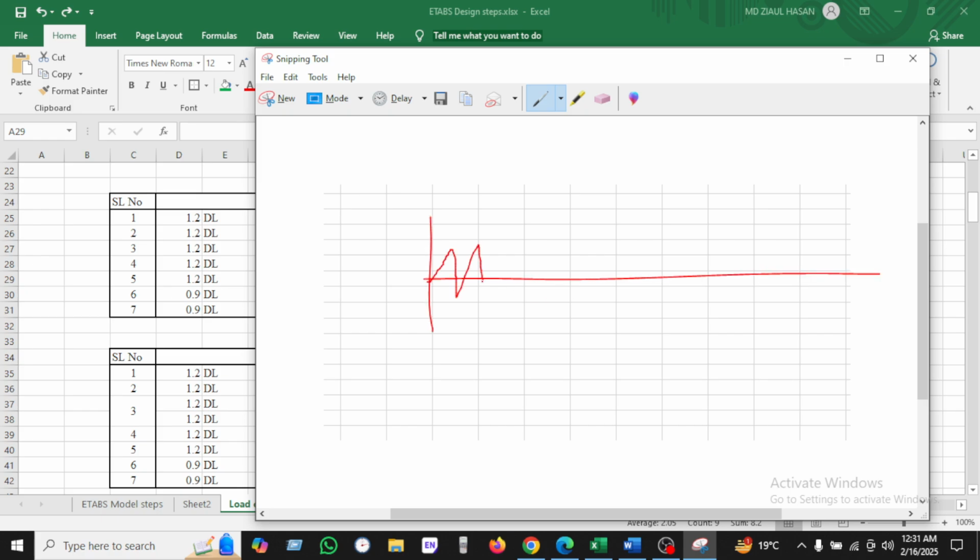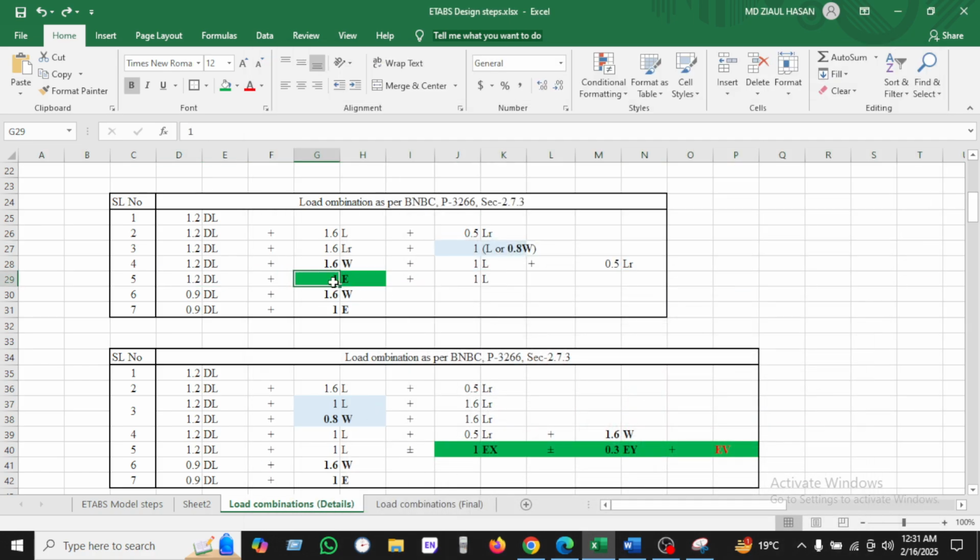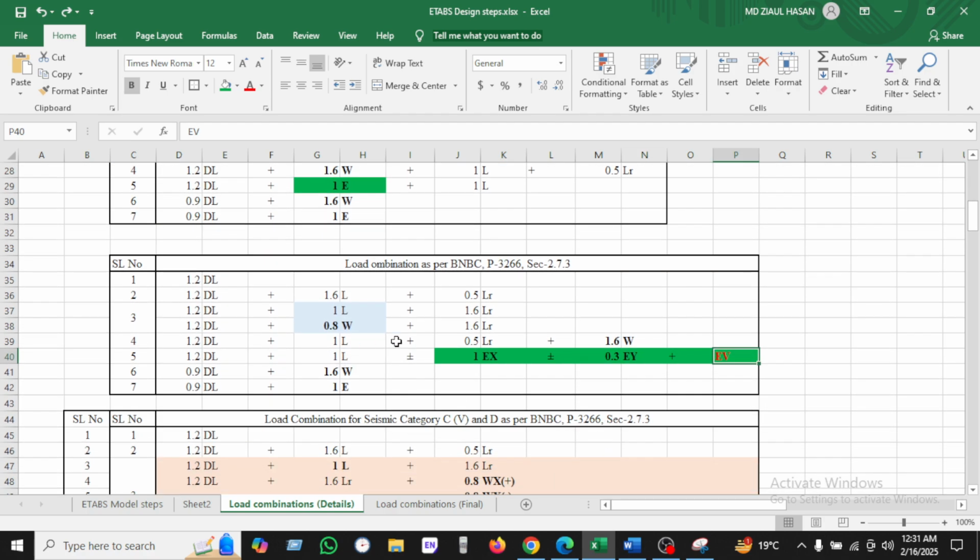The earthquake will appear in this way and go this way, so it will act horizontally in the x-axis and y-axis, and vertically also. That's why we divide the earthquake load in 3 axes: one is x-axis, another is y-axis and the vertical axis. So we'll see all together how we get this.